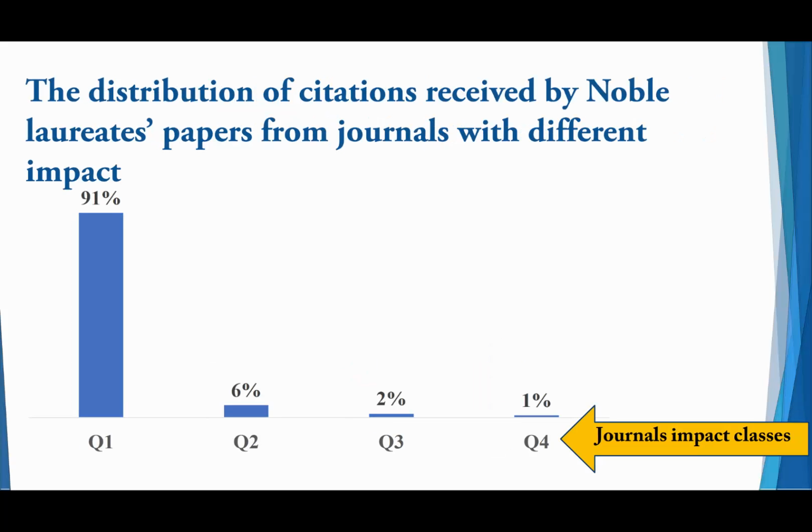The papers of the Nobel Prize winners published in the Q1 journals receive about 91% of citations made to the papers of this group of scientists, while the same percentage for their Q4 journal papers is 1%.